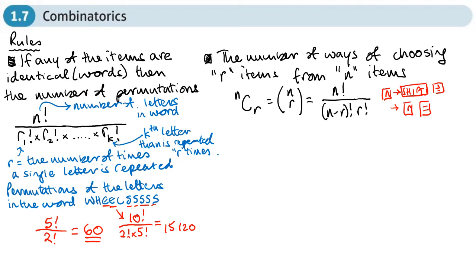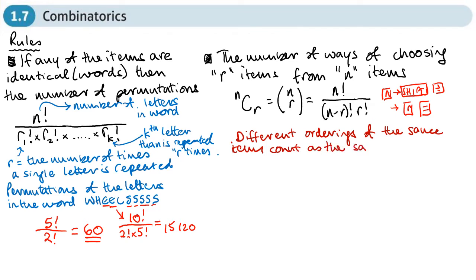Now this is different to NPR because with NCR, different orderings of the same items count as the same thing. I'll write that down. So with NCR, different orderings of the same items count as the same ways of choosing.